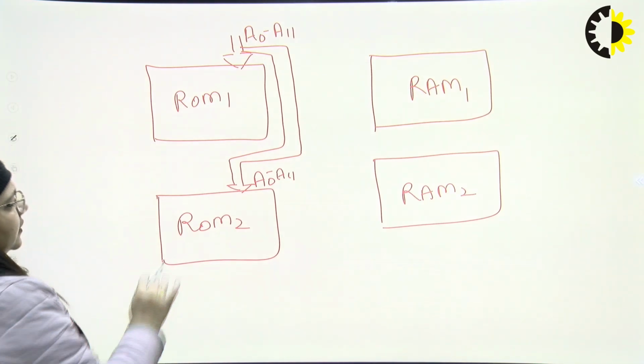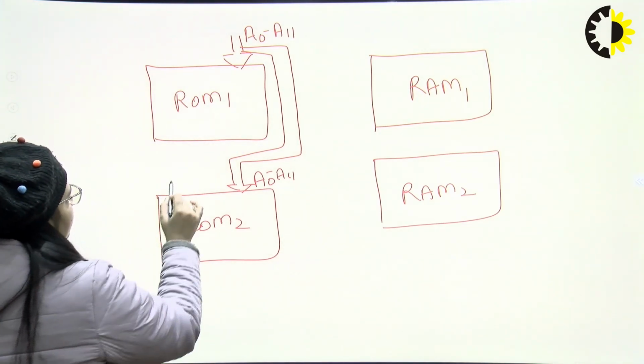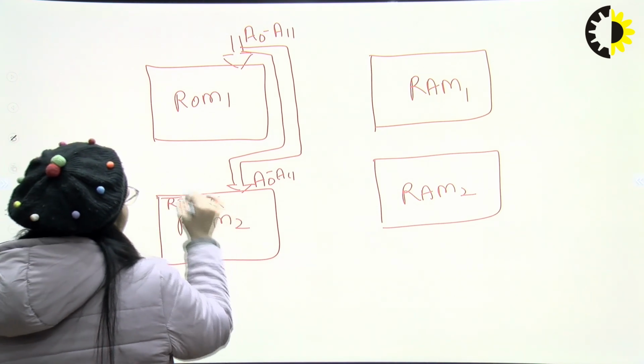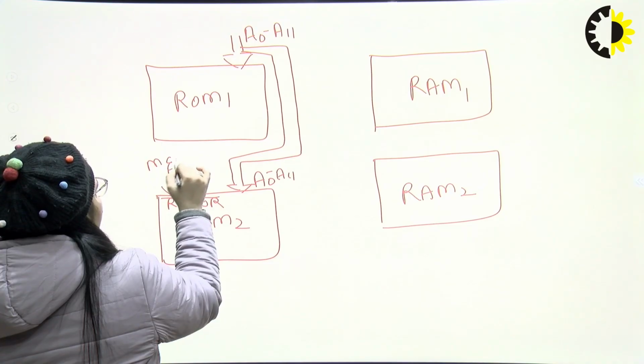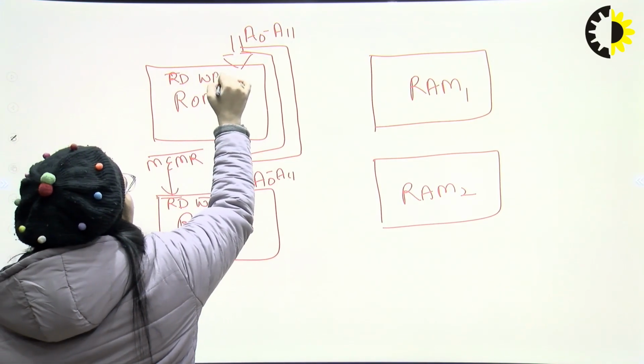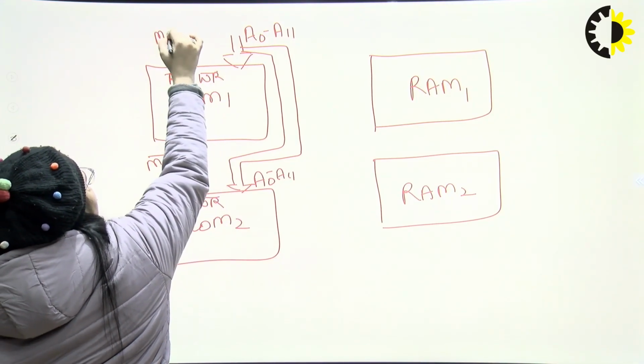Next, ROM needs only the memory read signal. So my signals are read bar, write bar, and only memory read will be required for ROM.